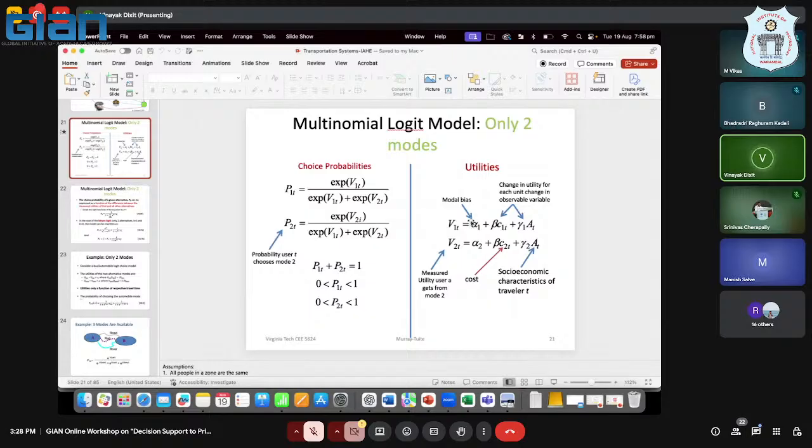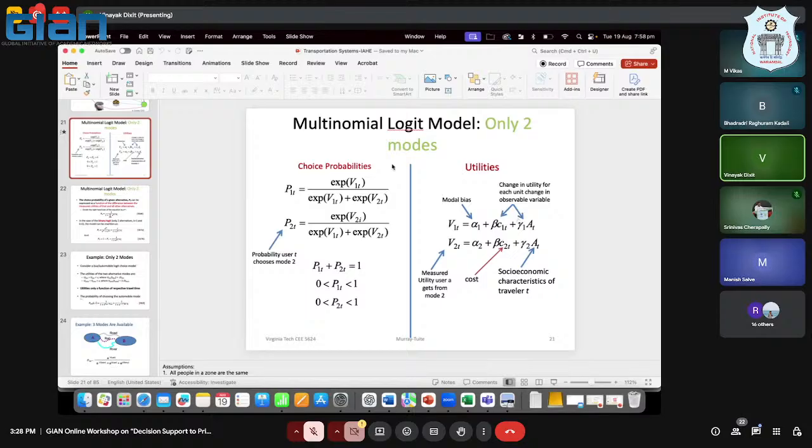So there's a bias called alpha. Then there are parameters called beta, which are coefficients to this cost. It's like when you do a linear regression model: you have all this data, but you don't know the parameters. You're estimating the parameters, but you have to say that it is linear. That's literally what we are doing. We say that this utility function is linear in all of this, but I don't know what my betas, alphas, and gammas are.